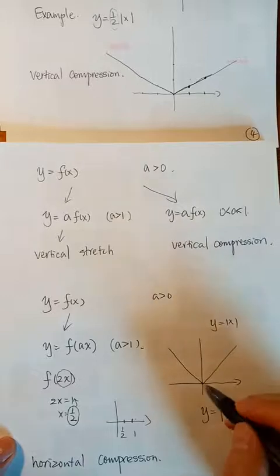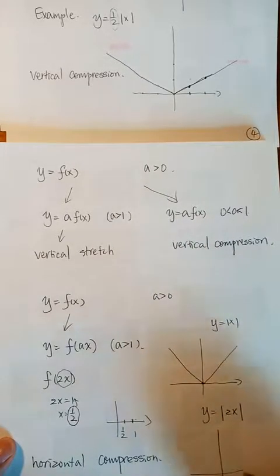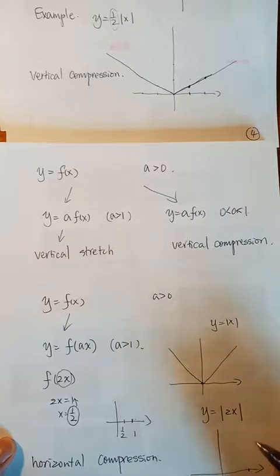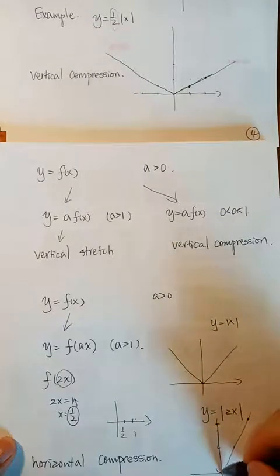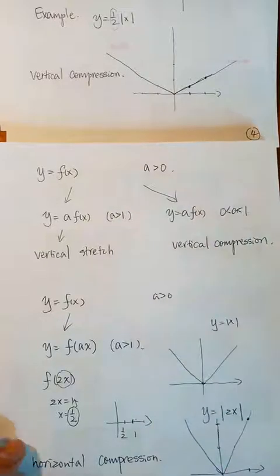Let's check, what is the graph? When x is 1, 2x is 2, absolute value of 2 is here. When x is 1/2, 2 times 1/2 is 1, is here. And a similar process gives you this.